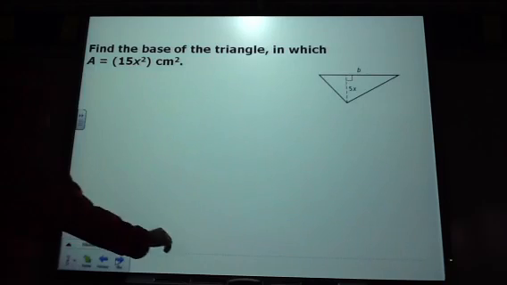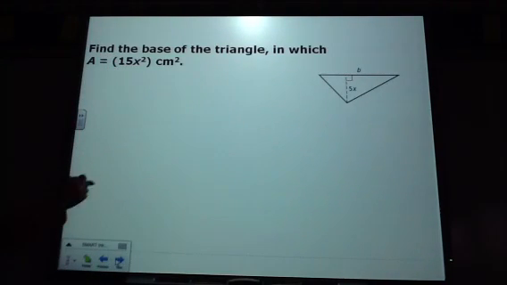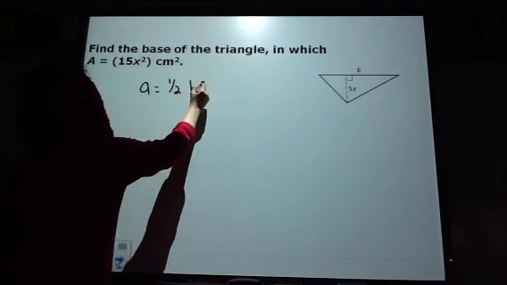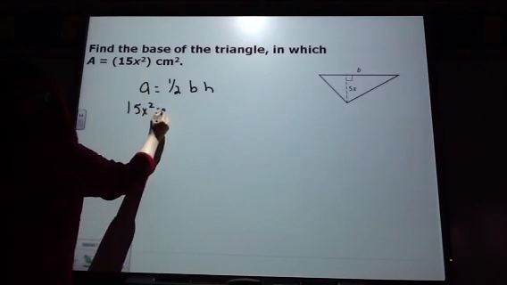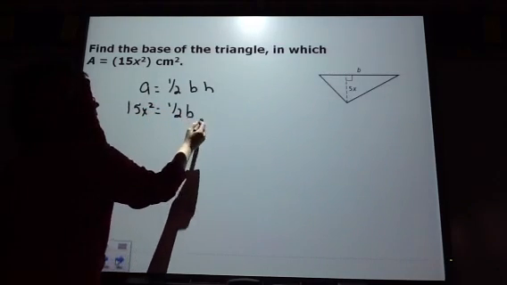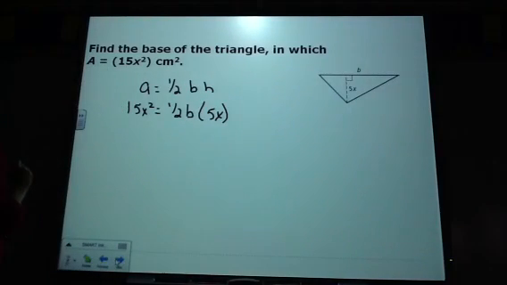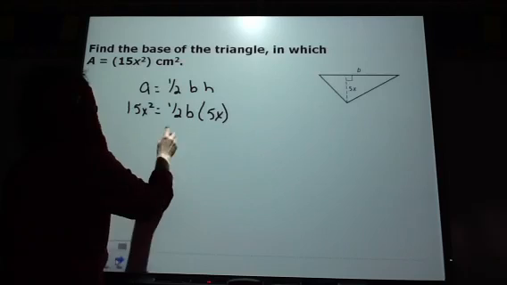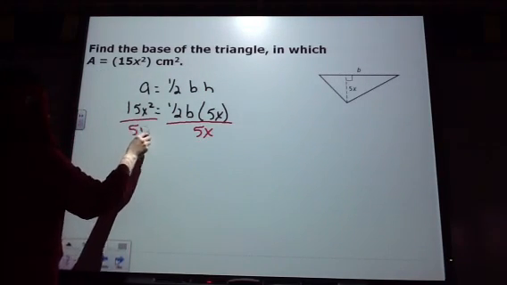Okay, so we have a triangle, and we are trying to find the base of that triangle. So the formula of a triangle is 1/2 base times your height. Let's substitute in what we know. Okay, so I can get rid of the 5x, cancel out that 5x.